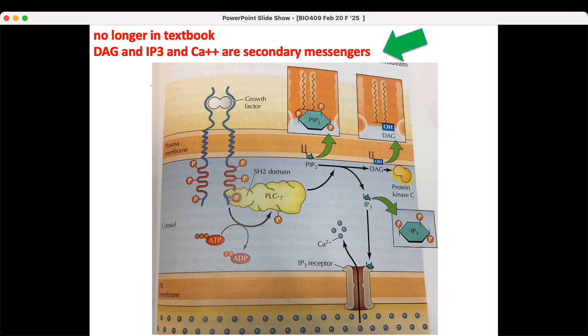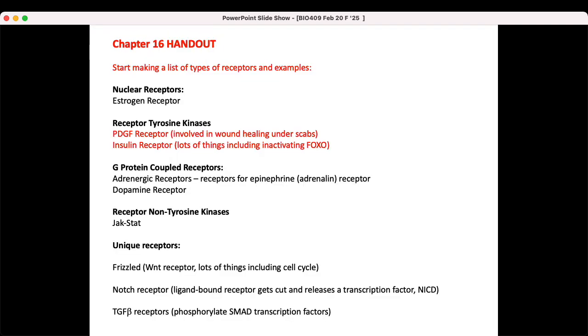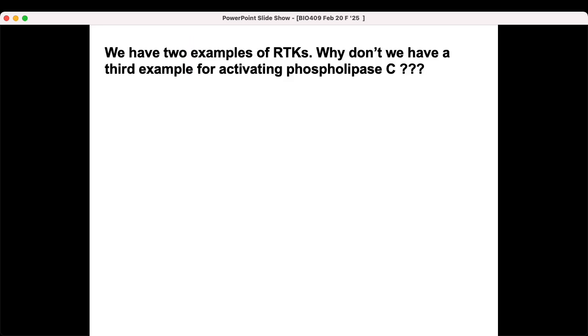And then we're just deep diving into receptor tyrosine kinases today. And then here's a third one, and so we think of PDGF receptor, that's that RAS MAP kinase one.